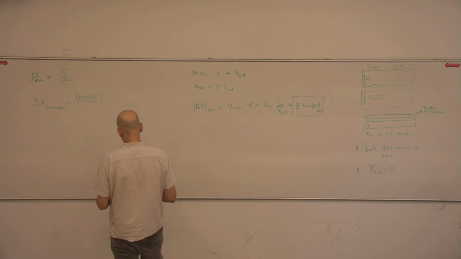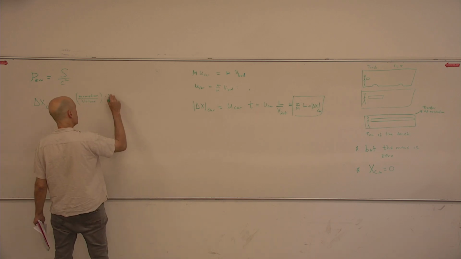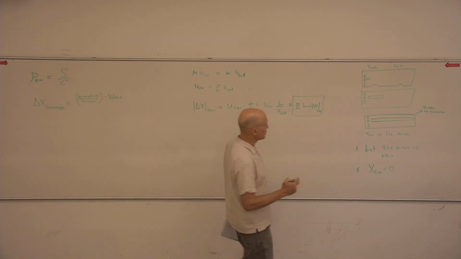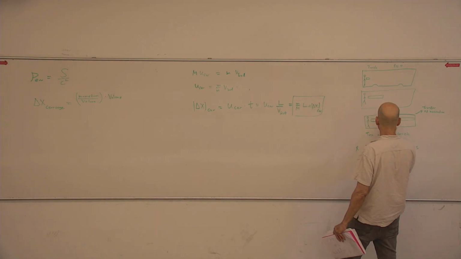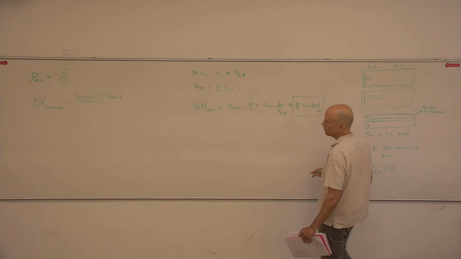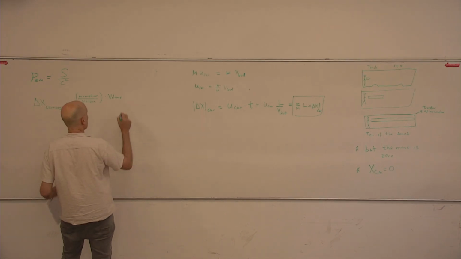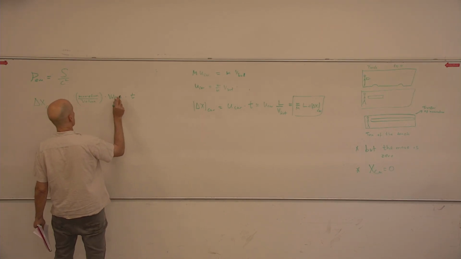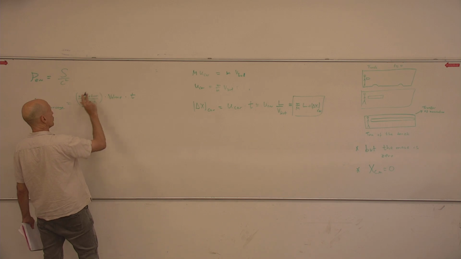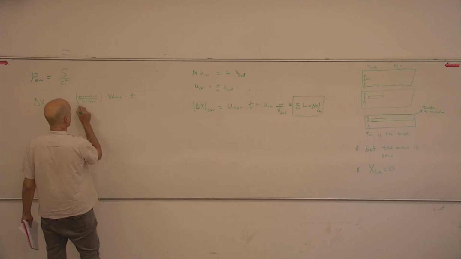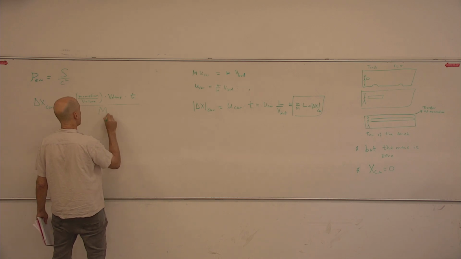Times the volume. What is going to be the volume, the total volume that you are transferring? It's all this volume here. That is the total momentum that you are giving. That gives you the total momentum, and now Einstein divided by m of the carriage.